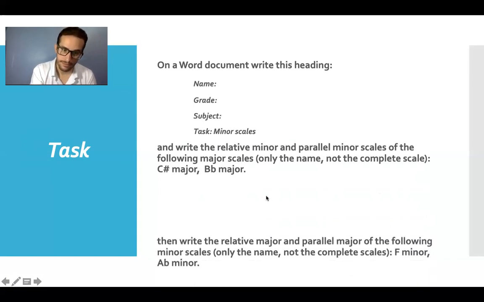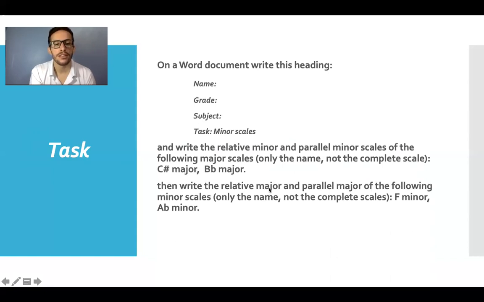And then you're going to write the relative major and parallel major of the following minor scales, so the other way around. Only the name, not the complete scales. You're not going to write every note of the scale, just the name of the scale. And those minor scales you're going to be working with are F minor and A flat minor.